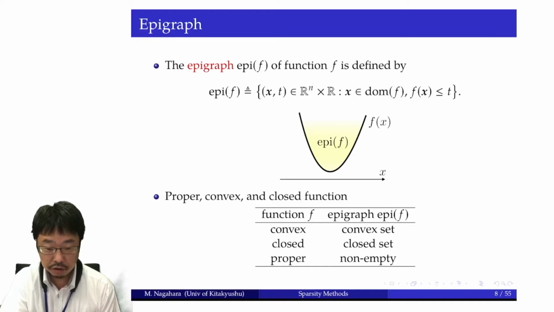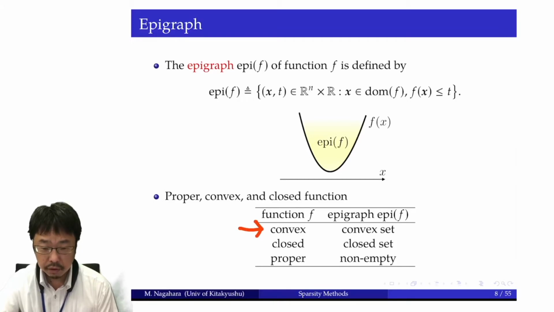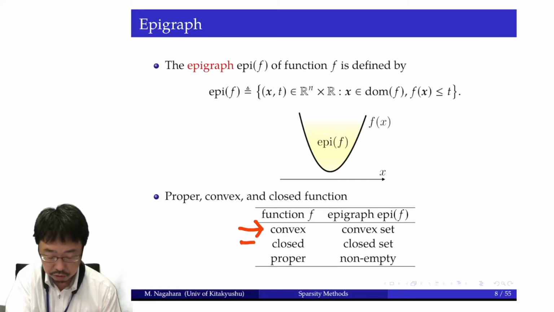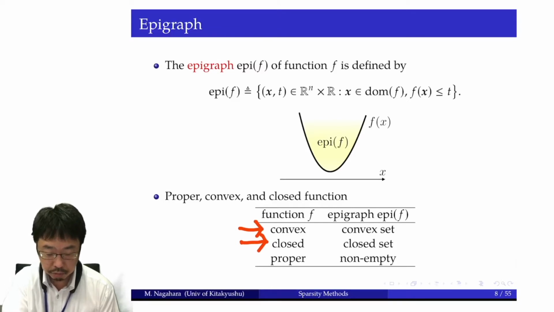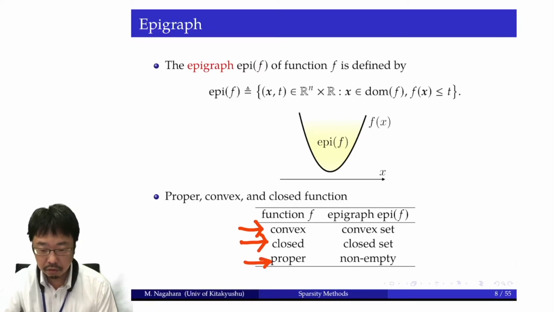First, a function is convex if and only if its epigraph is a convex set. Also, a function is closed if and only if the epigraph is a closed set. A function is proper if and only if the epigraph is non-empty. Now you can easily understand these properties by the epigraph.